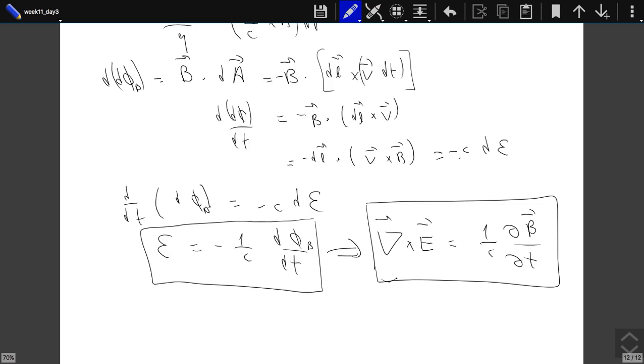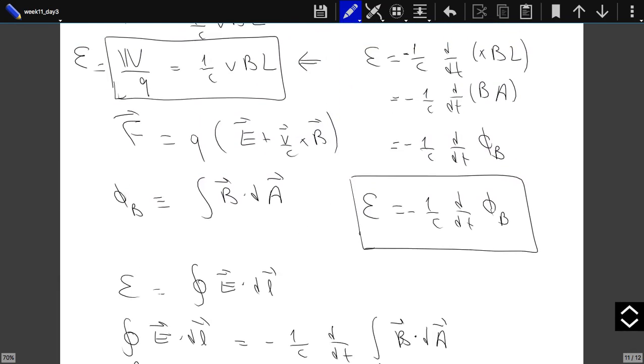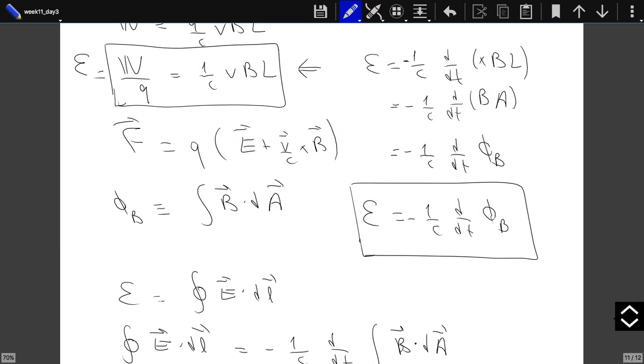I can see this from one of the expressions above, but how do you relate EMF to this? Well, the relation is basically here. EMF is the work done on our charges. So I'm assuming a loop which doesn't change in time. So it's the magnetic field that is only changing in time. So if there is an EMF created, it should be due to the electric field. And the EMF around this loop is nothing but the integral of the electric field around this loop.